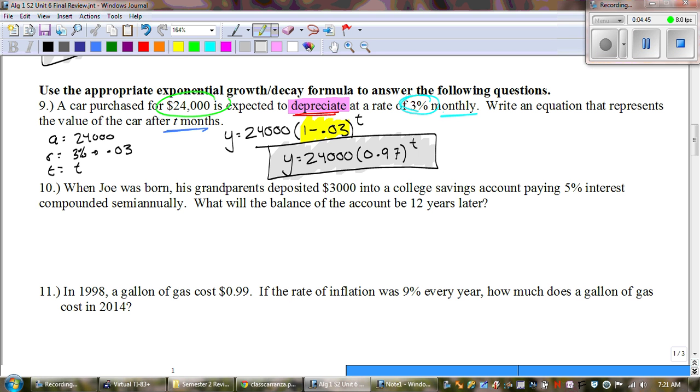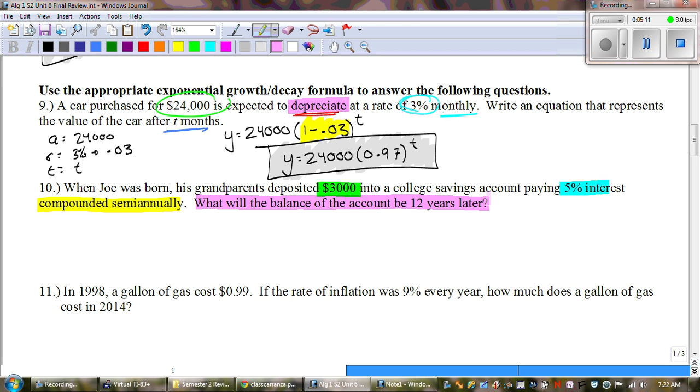All right, number 10. When Joe was born, his grandparents deposited $30,000 into a college savings account, paying 5% interest compounded semi-annually. What will the balance of the account be 12 years later? This doesn't sound like growth or decay.